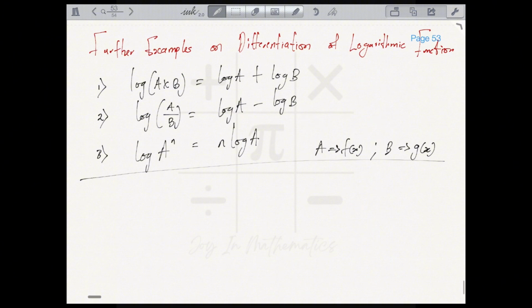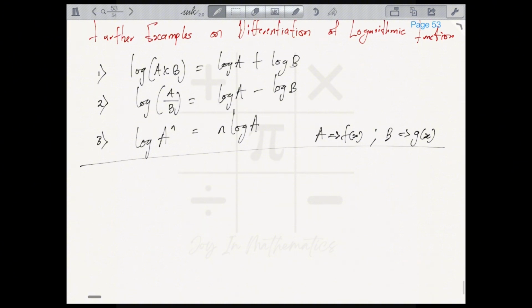Therefore, we're saying that ln of f of x multiplied by g of x is equal to ln f of x plus ln g of x.